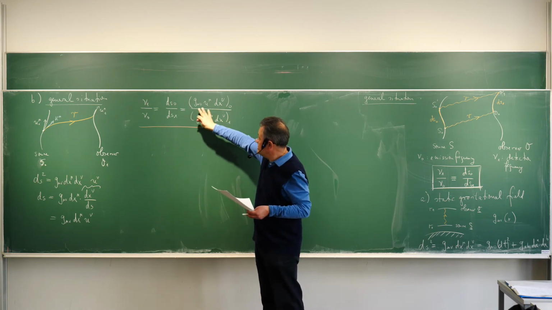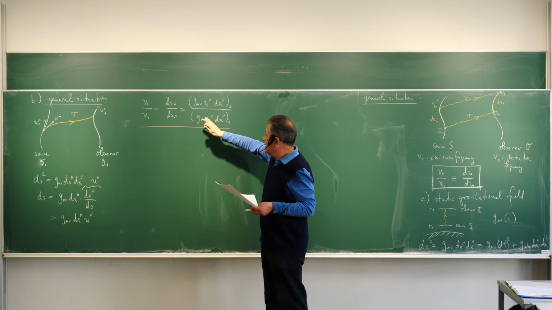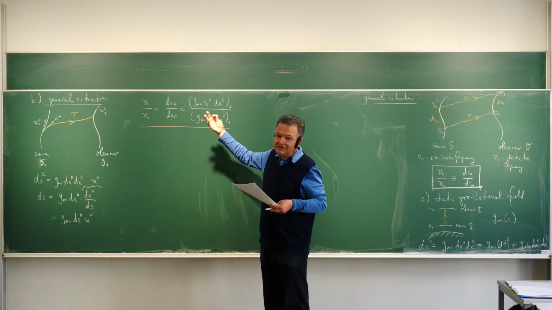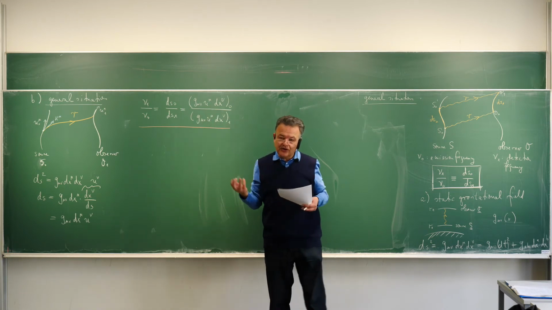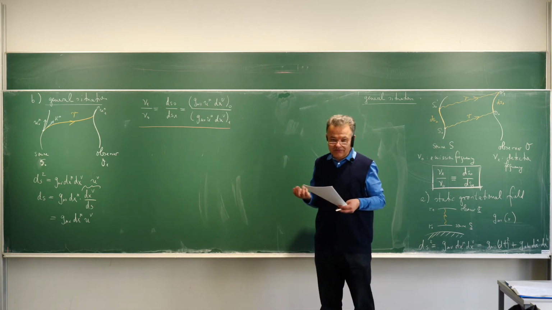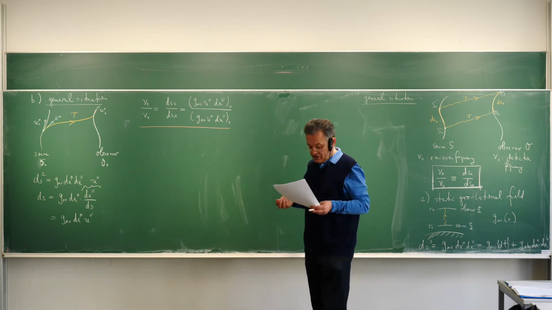So you see both the effect from the metric, which you might call the gravitational redshift, and this effect from the velocity, which you might call the velocity redshift, as we know from special relativity.